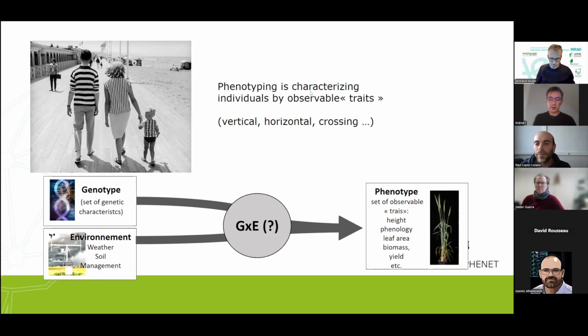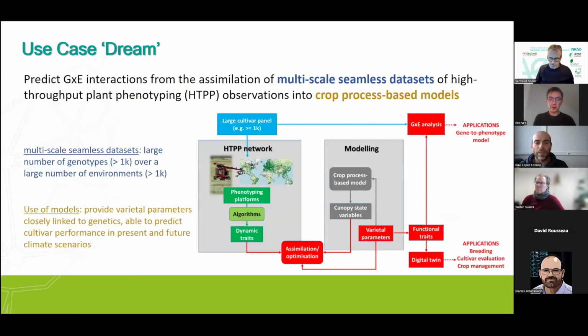When Roland and Bertrand asked us about the use case dreams in the kickoff meeting, to not make it short, our use case dream would consist of observing like 1,000 genotypes over 1,000 environments, and then using crop process-based models to interpret these high throughput phenotyping observations and estimate what we call functional traits, which are varietal parameters as described by the model.